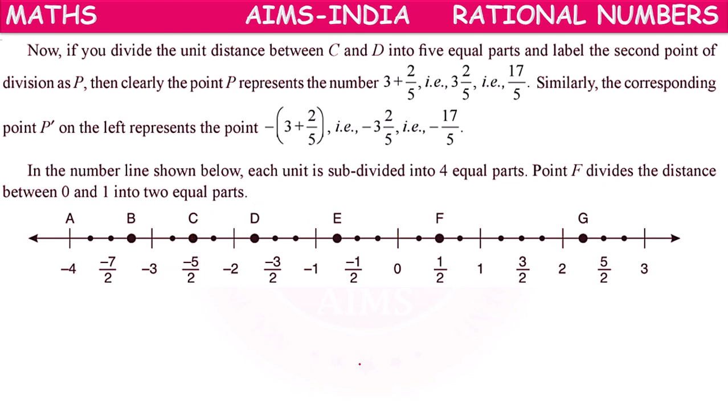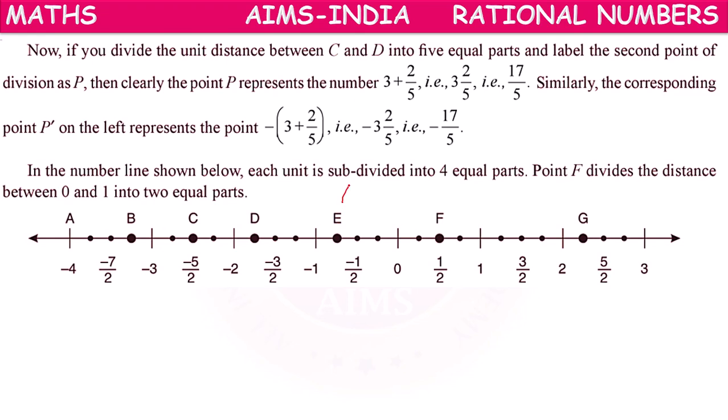Okay. Next, what is D? 0 to 1, one complete jump. After that, 1 part, second part, third part. One complete part plus third part out of 4 parts, 1 plus 3 by 4. On the left side, minus of 1 plus 3 by 4, or minus of 7 by 4.